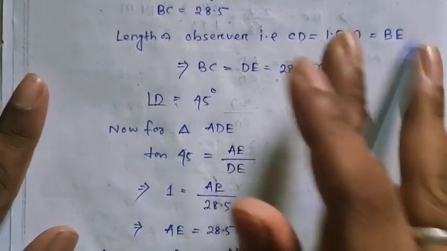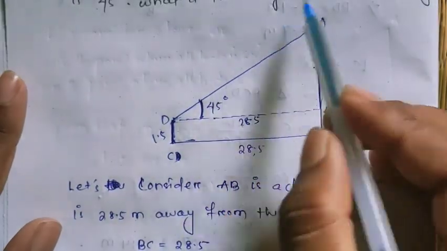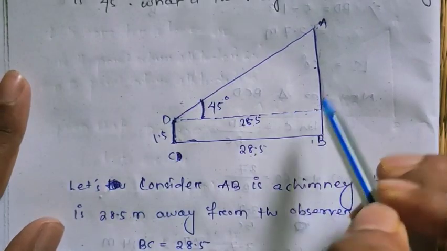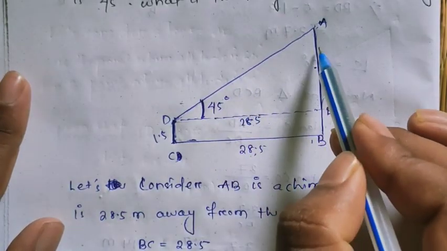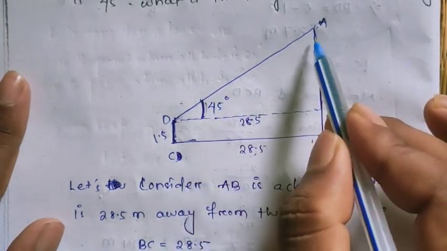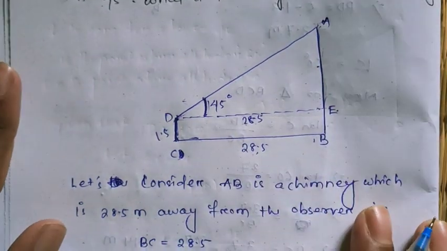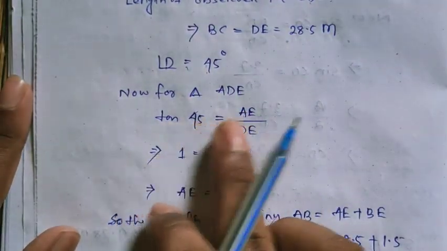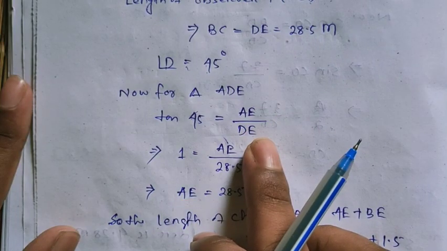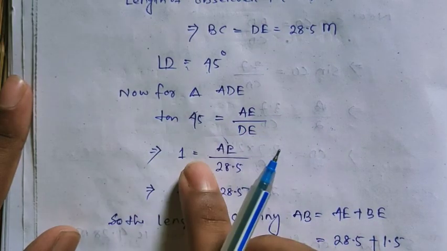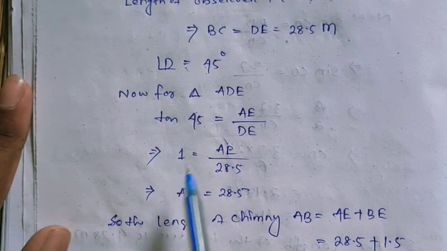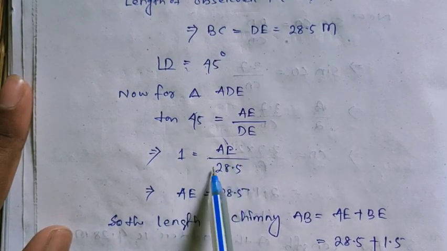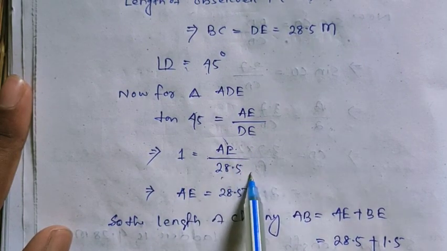Now in triangle ADE, tan theta, that is tan 45 is equal to AE by ED. So tan 45 is equal to AE by DE. Tan 45 is equal to 1, which is equal to AE by 28.5.